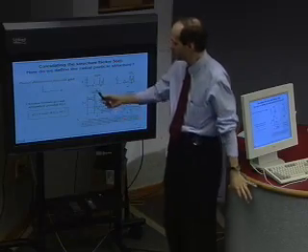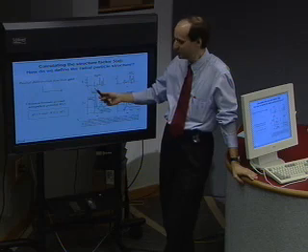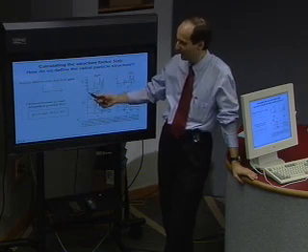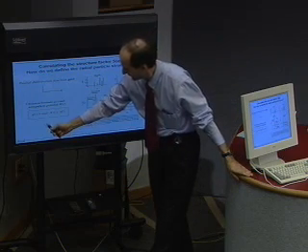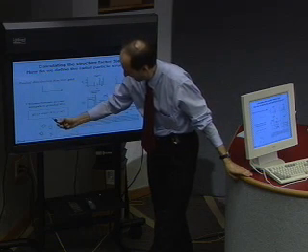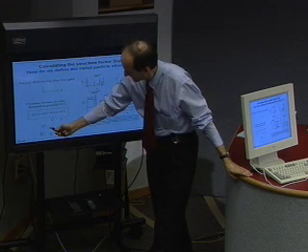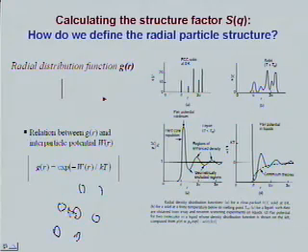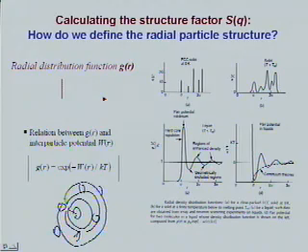The radial distribution function gives you the number of particles which you're going to find if you have a dense system. You select the center particle and you start going around in thin spherical shells.